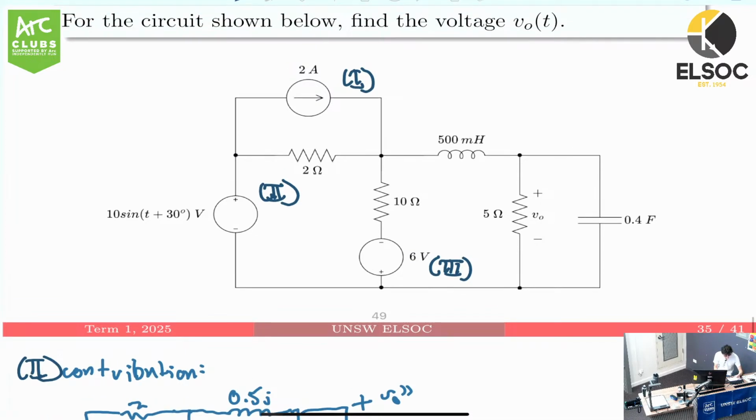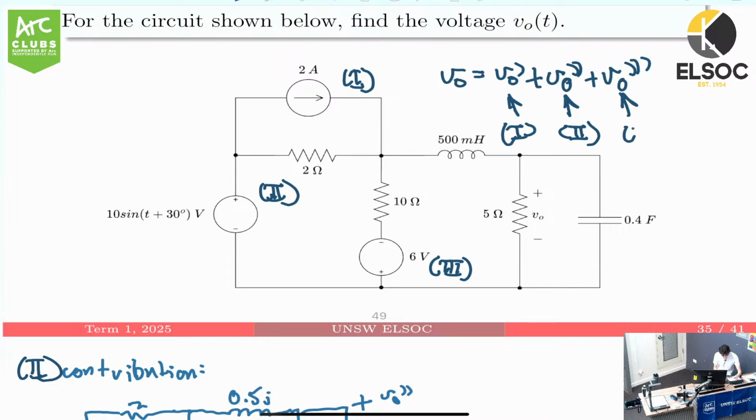What we want to find is V0. That'll be V0 dash plus V0 double dash plus V0 triple dash. This is the result from that source, this one's from this source, and this one's from this source. Does that sort of make sense? Any questions so far?